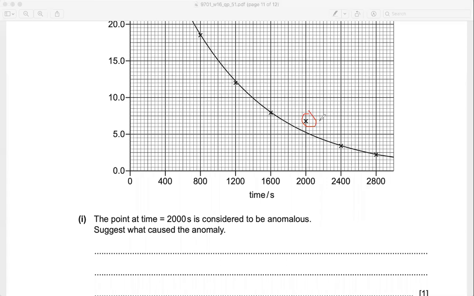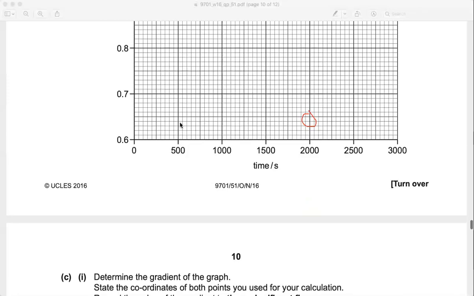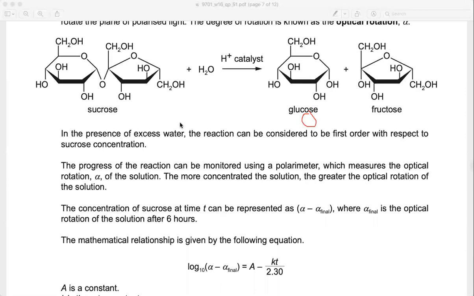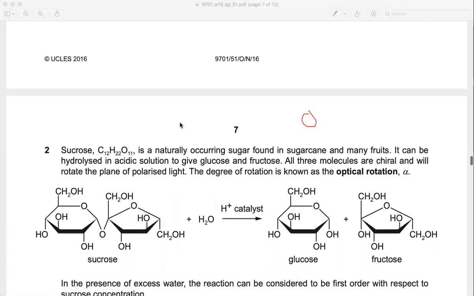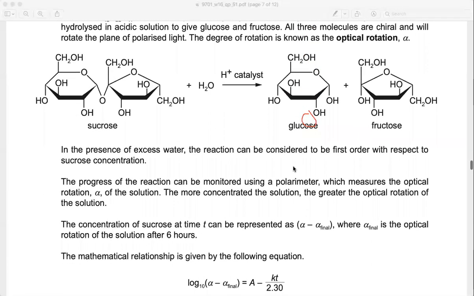So we need to come up with a reason as to why this point is higher than it should be. Okay, now concentration, you cannot really comment anything about the concentration because you use a polarimeter. What do they use? Polarimeter, yeah.